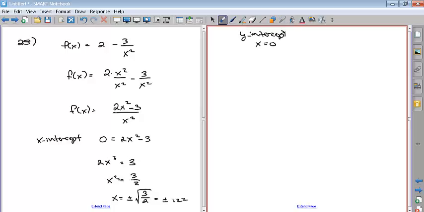And what happens is that you've got something divided by 0, so there is no y-intercept because this would go to infinity.